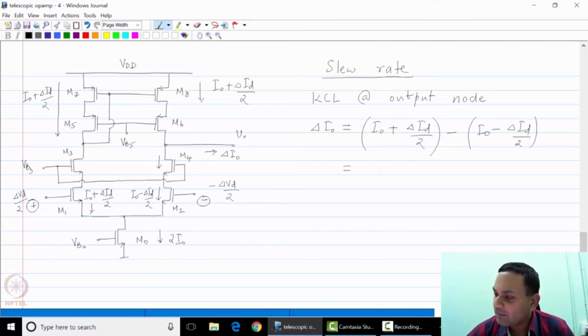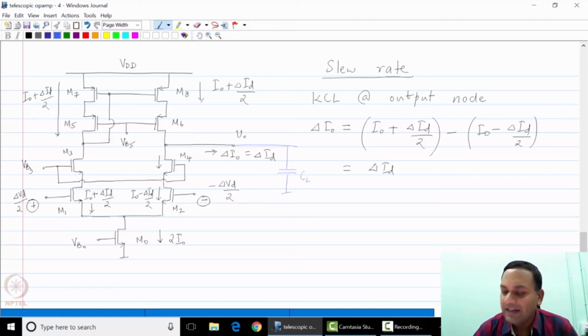So this is nothing but delta ID. So the current delta ID flows through the output. Now where does this current flow? Of course the output will have a load capacitance CL, and therefore this delta ID current charges the load capacitance.